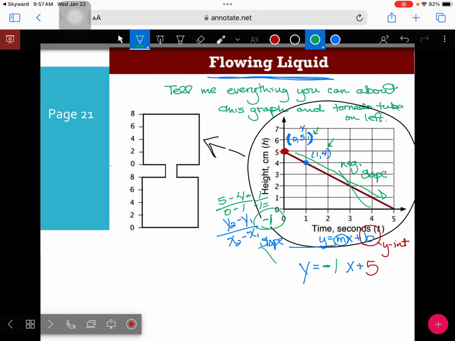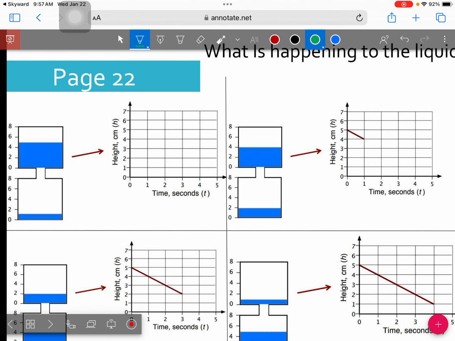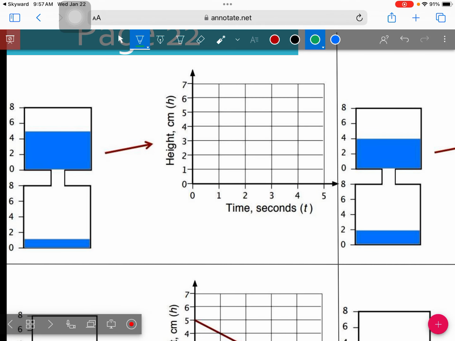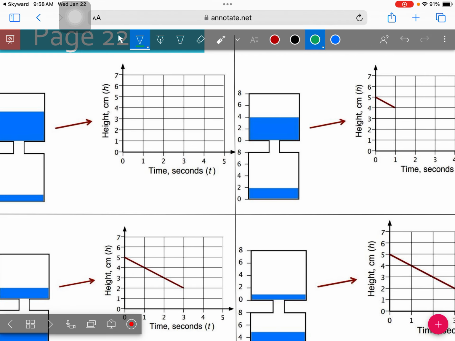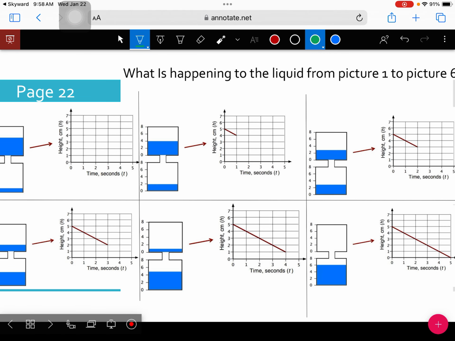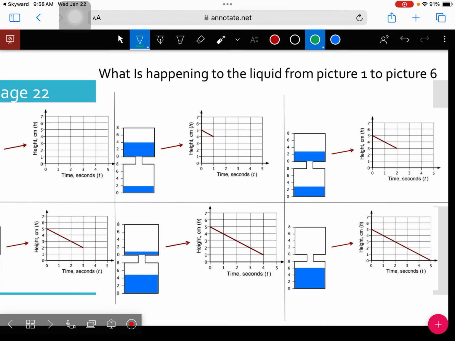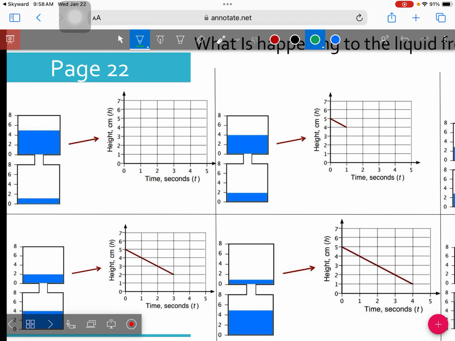I'm going to go to the next page, which in your booklets, you probably should go to the next page. So let's take a look at this. Okay? Let's take a look at these first two. This shows what happens to the liquid from picture 1 to picture 6. Okay?